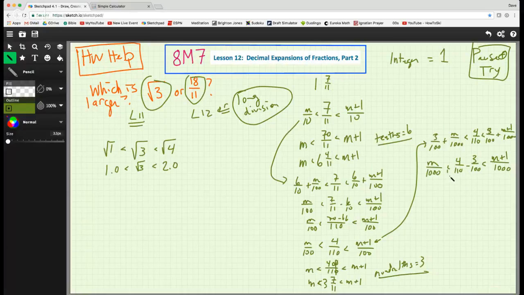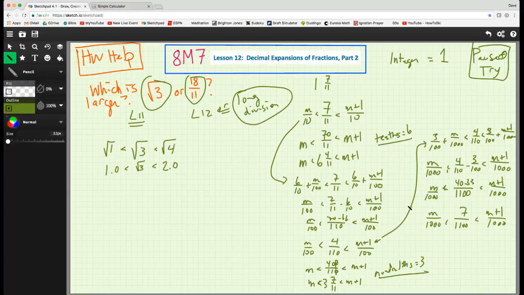This guy here, our common denominator is 1100, and that's 40 minus 33. So that's equal to 7 over 1100, and m over 1,000 is less than that, is less than m plus 1 over 1,000.